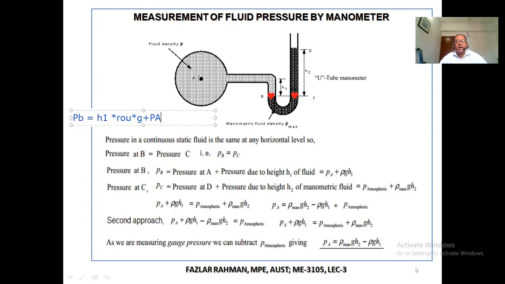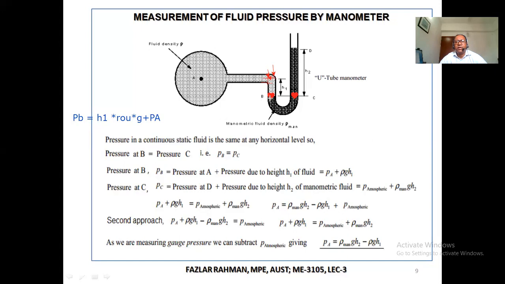Similarly, if there is an opening, what will you add? I'm saying, for example, you have an opening over here, nothing over here. Say the tube is over here, and here is an opening. Then how much will be the pressure over here? Atmospheric, right?